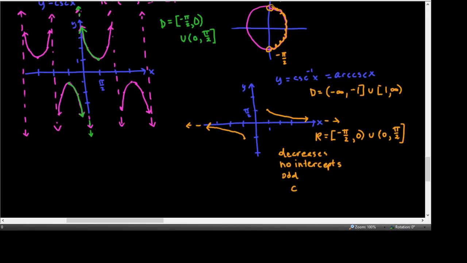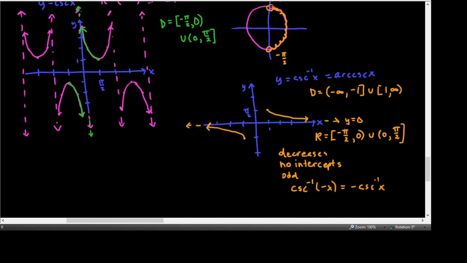So cosecant inverse of negative x is negative cosecant inverse of x. Let's see, what might I have forgotten? Oh, it does have a horizontal asymptote at y equals 0. I think I mentioned that earlier, but I'm not sure I said the equation of the horizontal asymptote. Let's see, anything else?